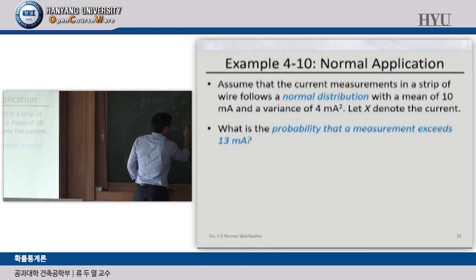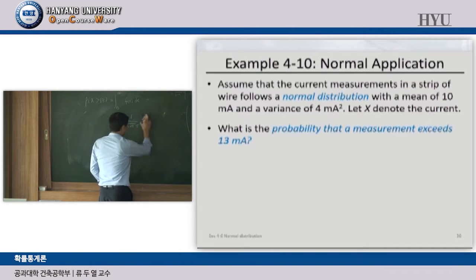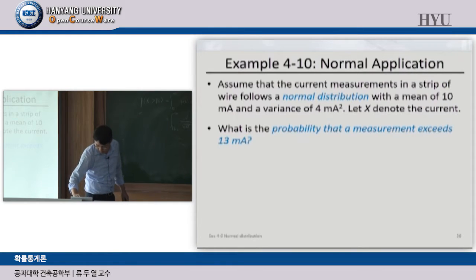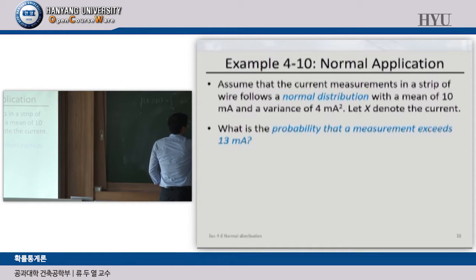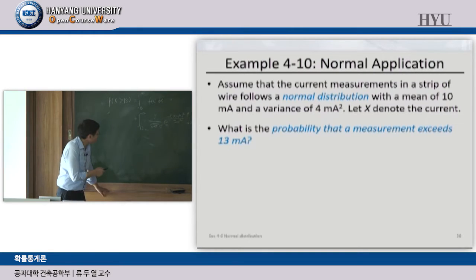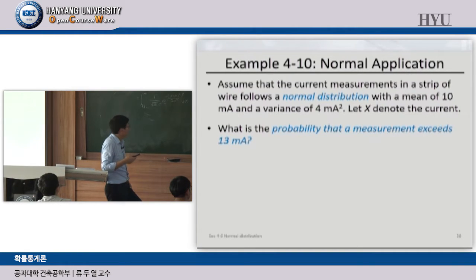That is 1 over root 2 pi sigma times exponential of minus (x minus mu) squared over 2 sigma squared, dx. It is very complicated to calculate this equation, right? So as I mentioned in the previous slide, we normally use this table by applying the standardizing method.